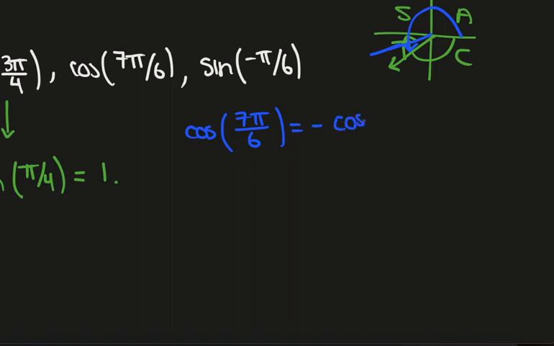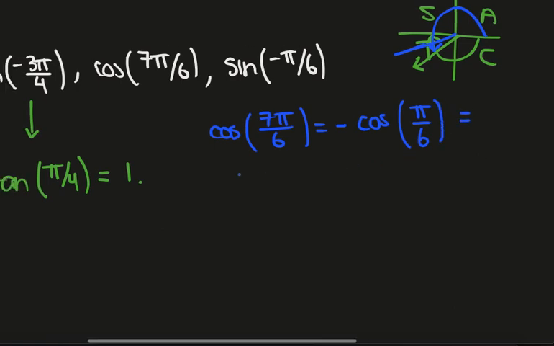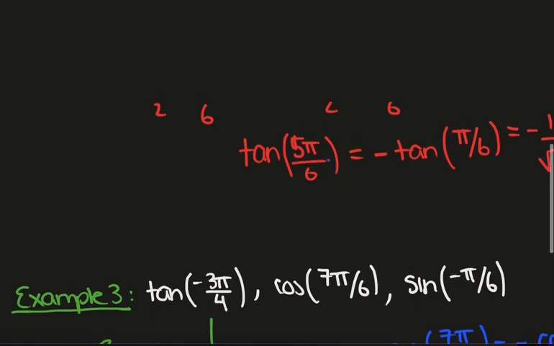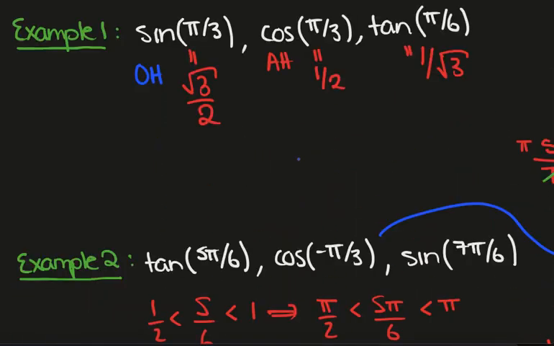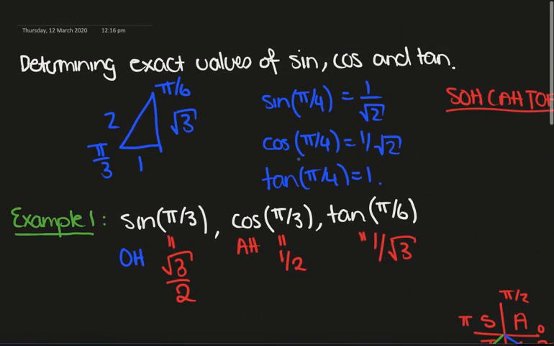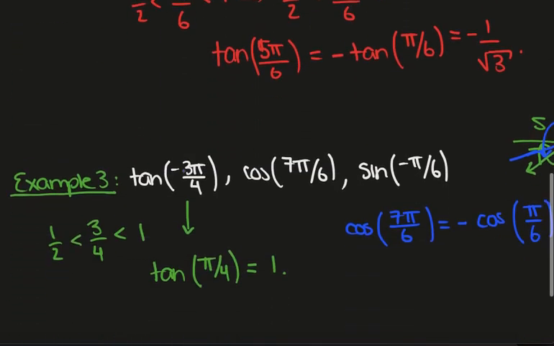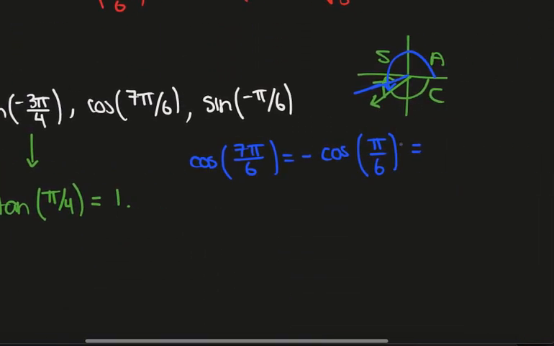So we have negative cos pi on 6. And cos pi on 6, have we calculated that yet? What is cos pi on 6? Well, we can just do adjacent over hypotenuse, so we get √3 on 2. So minus √3 on 2.